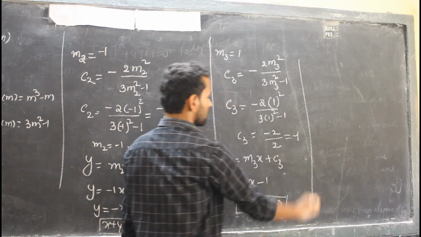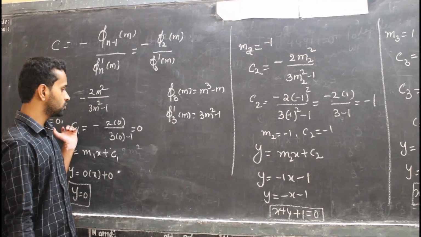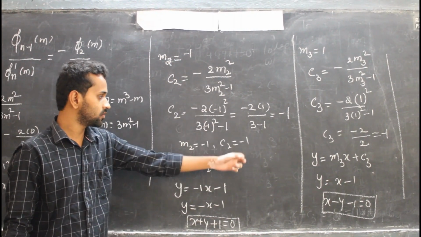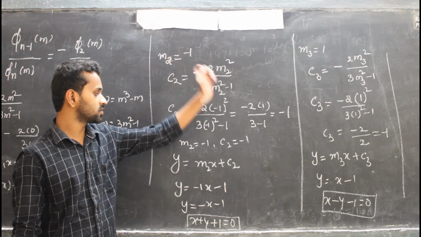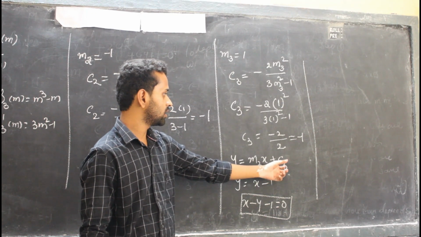So now we have found the asymptotes: for m1 equal to 0, c1 equal to 0; for m2 equal to minus 1, c2 equal to minus 1; and for m3 equal to 1, c3 equal to minus 1.